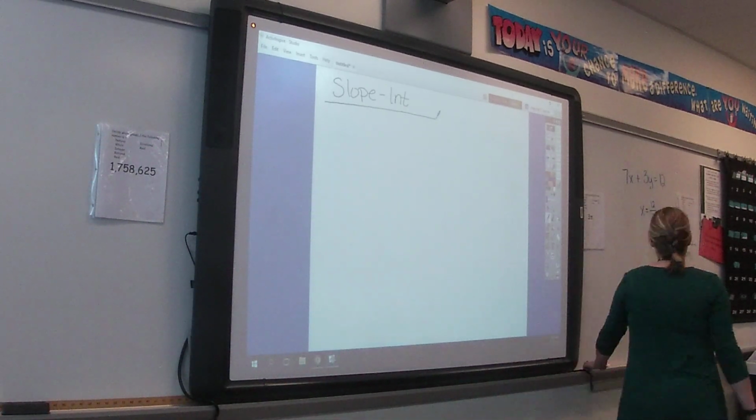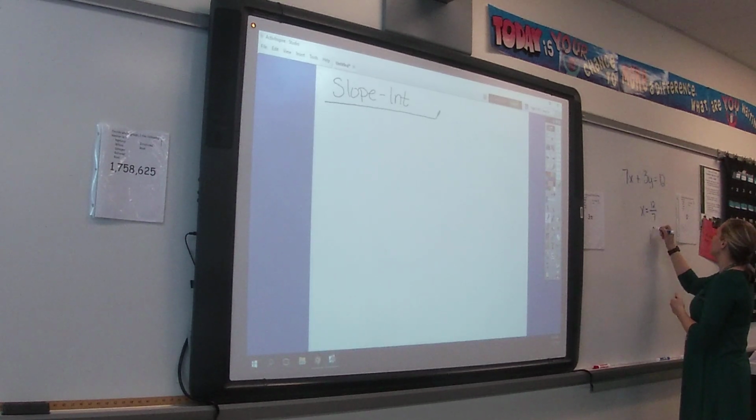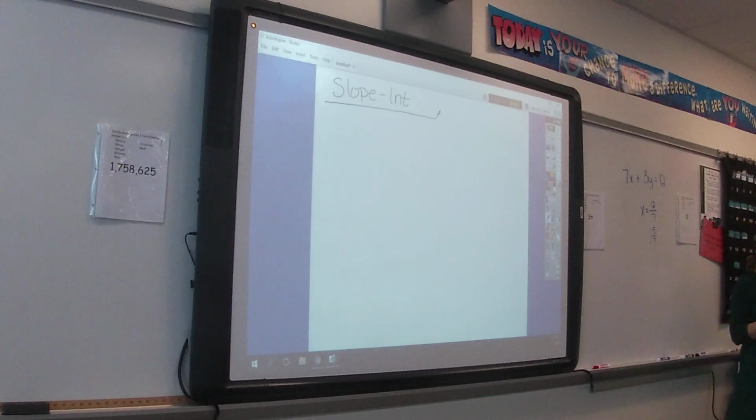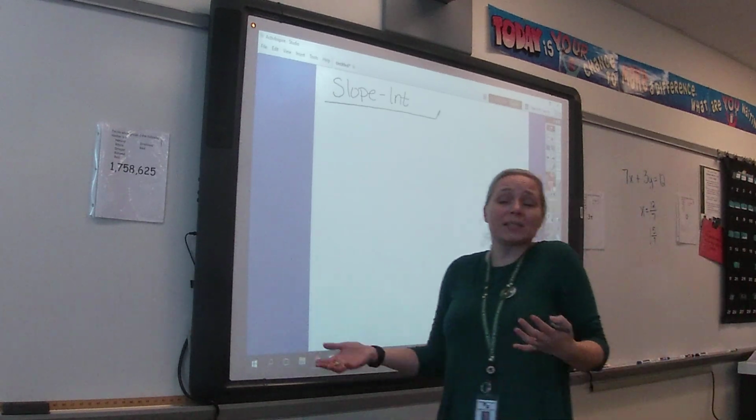Okay, so if we change it into a mixed number, 1 and 5/7. I mean, the best we can do is guess where that's at, right? Guessing a half is tricky enough. Do we want to guess 5/7? And if we're approximating 5/7, are we really graphing it perfectly? No, right? We're just kind of close.